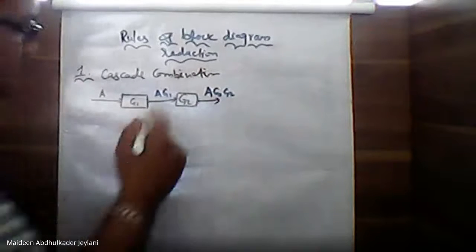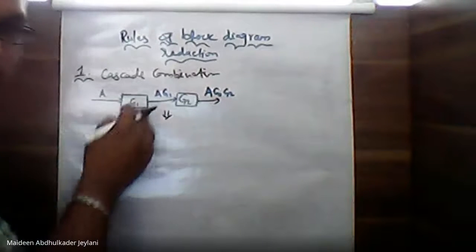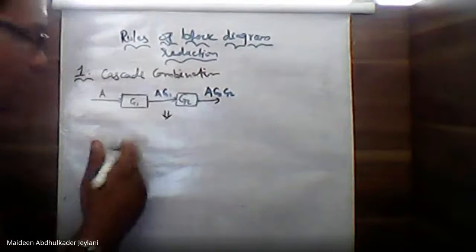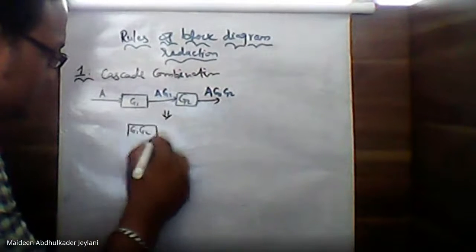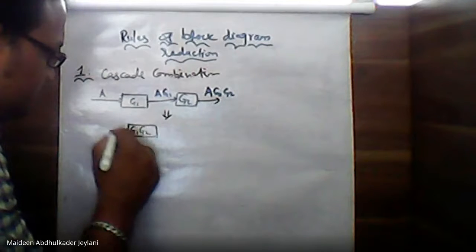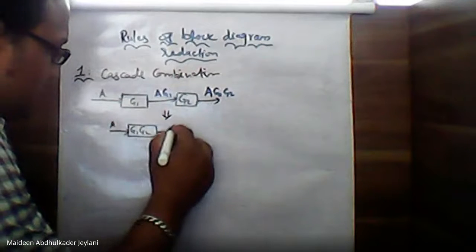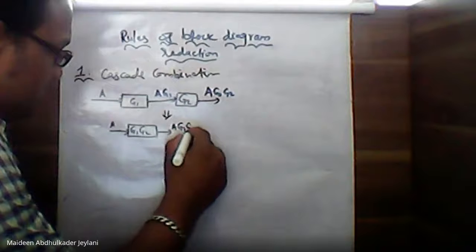But how can we reduce that? We can redraw this block diagram into a single block of G1 G2. The input is A, the output is A into G1 G2.